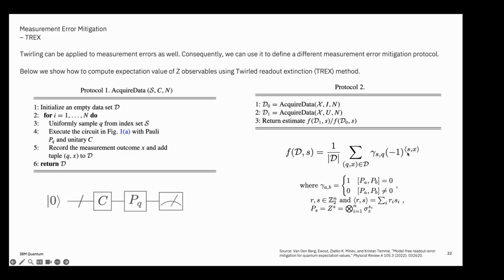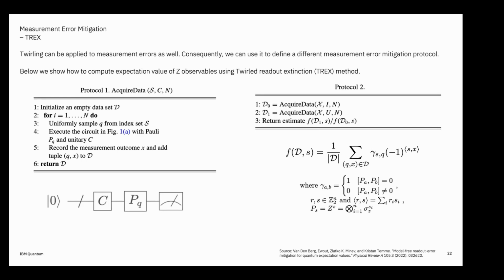And there is also this bitwise addition of S comma X, where S was the bit string that you want to get the fidelity for, and X was what you measured, okay? And the entire technique kind of boils down to doing this for a random unitary, doing it for identity, and then just taking a ratio of the two. The identity part tells you how distorted your measurements are going to be. So then when you run the experiment, you just rescale with it and seems to work perfectly fine.